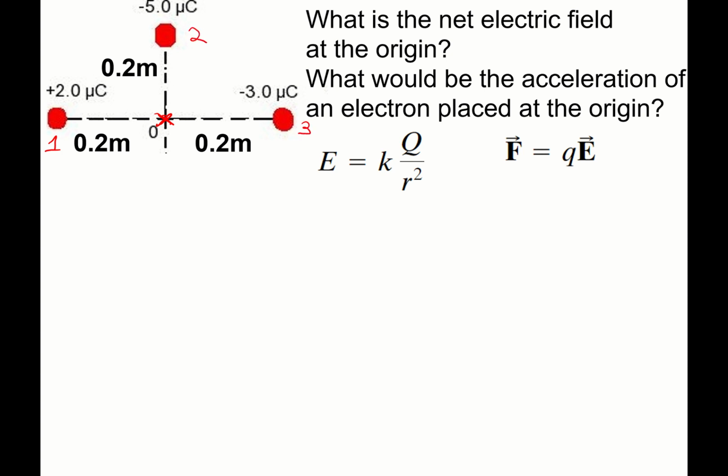And we're going to do the same thing that we did when we talked about electric forces. Going to go through the same steps. So first, draw the arrows. So the electric field goes out of a positive charge. So E1 is going to come out of charge 1. Goes into a negative charge. So it's going to go up into that charge there.